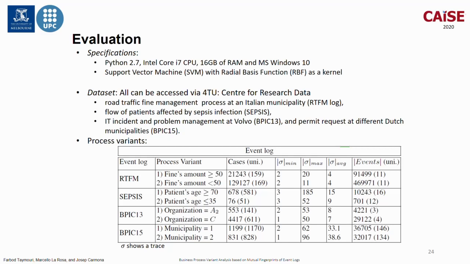For BPI 15, process variants are created based on 2 municipalities, municipality 1 and municipality 2. Also, for each process variant, we can see various statistics, such as the number of cases, the mean, max, and average of the traces, and the number of events.